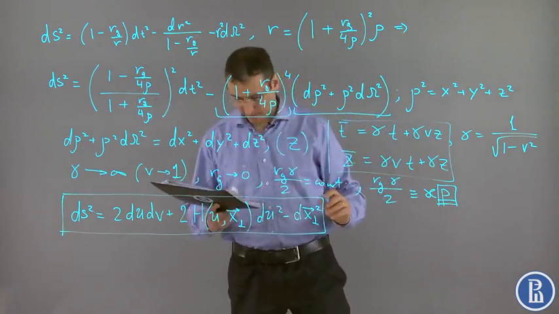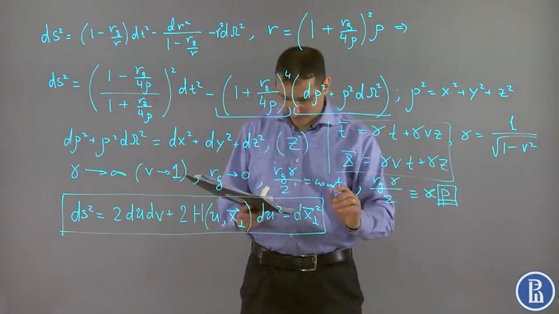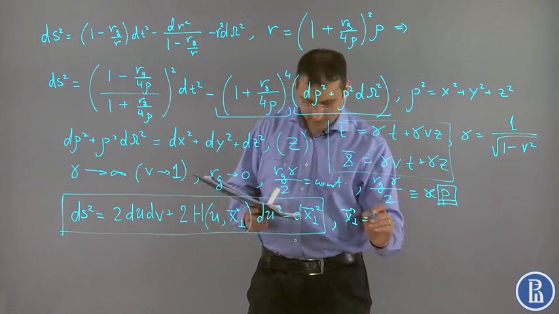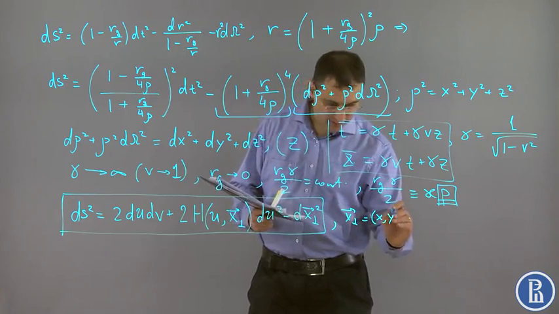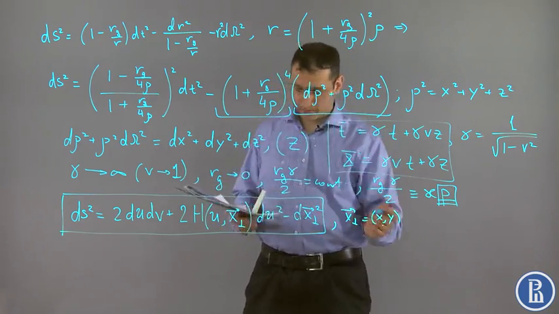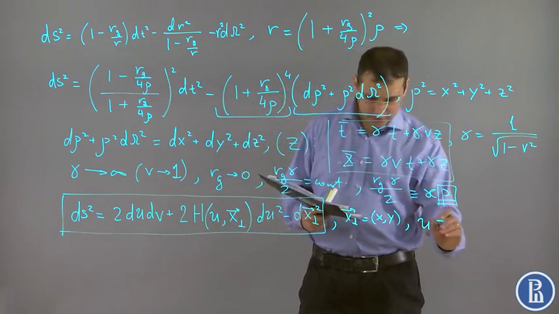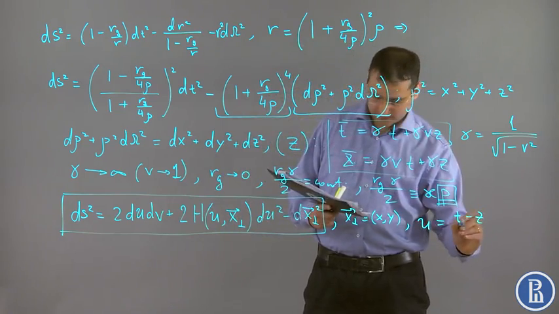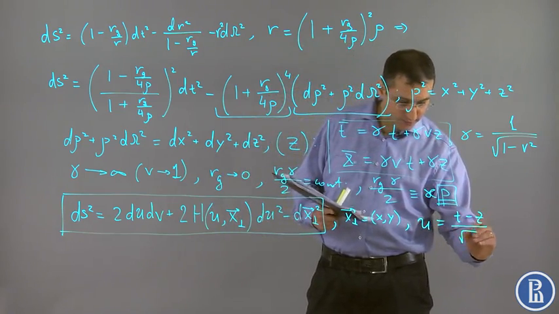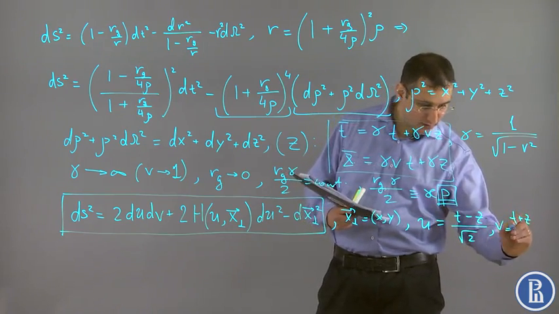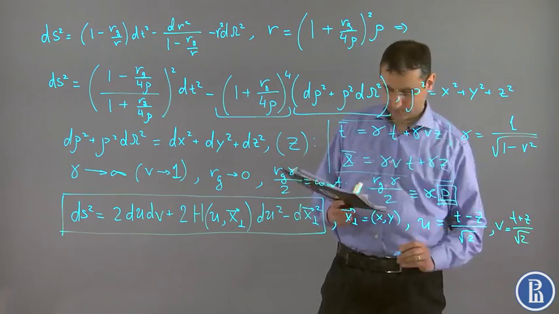So this is the resulting metric after taking this limit. Let me explain the notations. The vector x perpendicular is just x and y, so dx perpendicular squared is just dx squared plus dy squared. Then u is just t minus z over square root of 2, and v is t plus z over square root of 2.